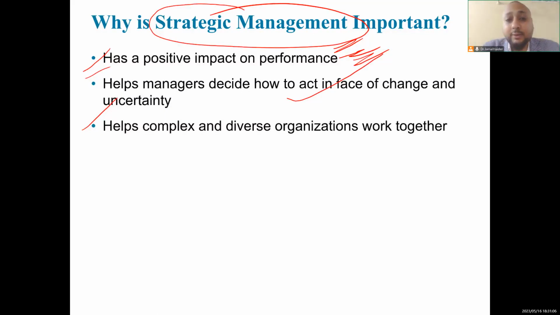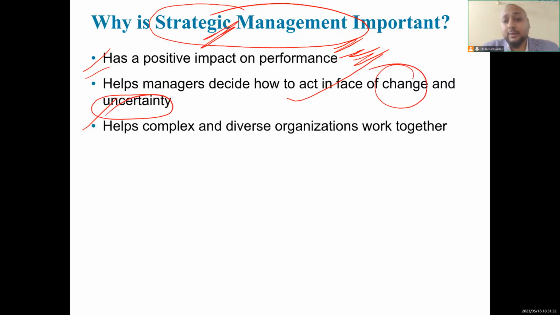So when you have this kind of situation, managers cope with the uncertainty by focusing on strategic management, and then they decide which actions are necessary to cope with these kinds of changes and uncertainty.